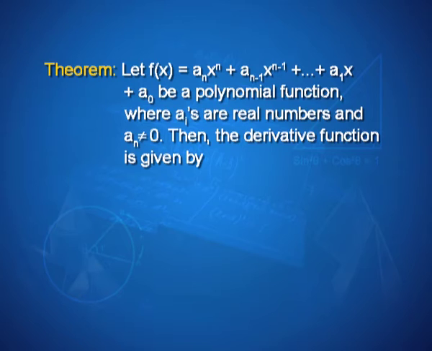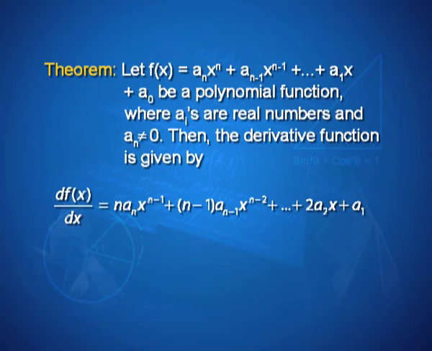Then the derivative function is given by d by dx of f of x is equal to n into a_n x raised to n minus 1 plus (n minus 1) into a_(n minus 1) x raised to n minus 2 plus so on plus 2 into a_2 x plus a_1.